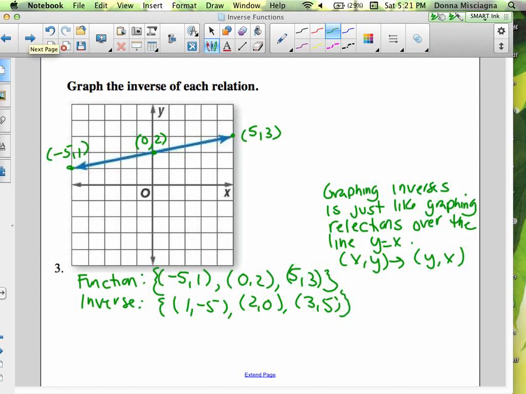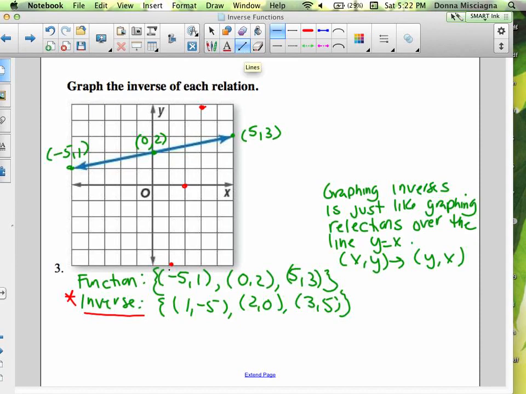I'll graph it in red, make it stand out. All right, so here's the inverse. It's in red. So (1, -5) right here, and (2, 0) right there, and then we have (3, 5), 1, 2, 3, 4, 5, right here. All right, and I need a line tool.